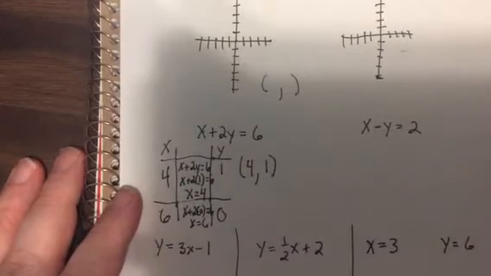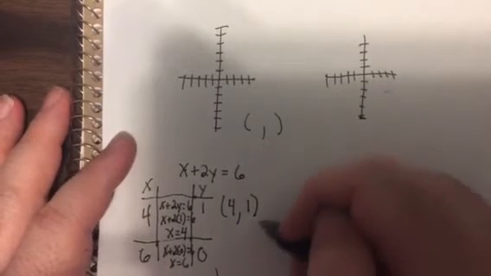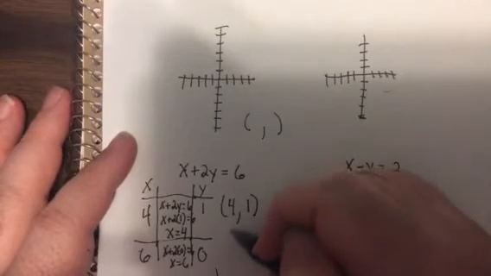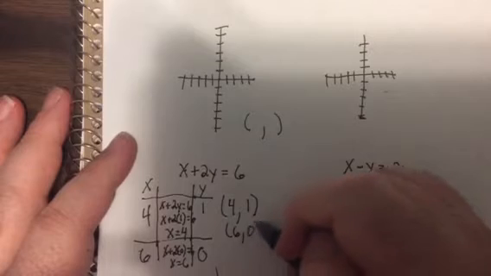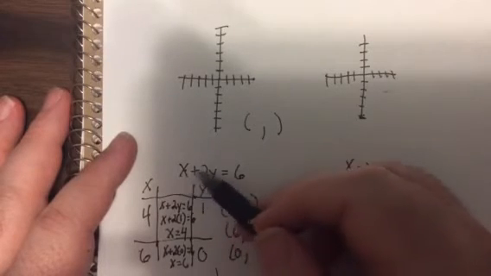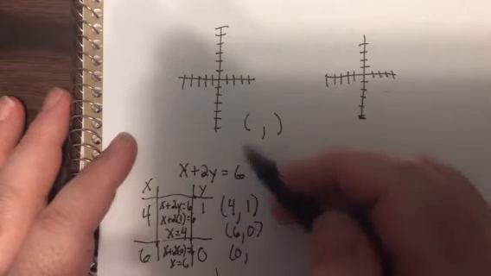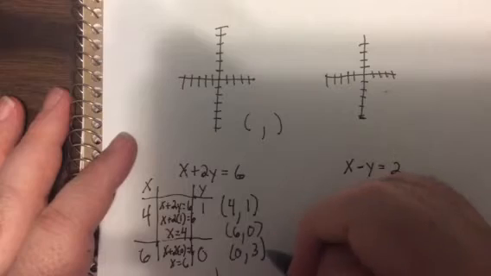Second ordered pair, (6, 0). Then let's do another one. Plug and chug. I ran out of room, so I'm just going to put this one down here. If I put 0 in for x, 0 plus 2y equals 6. 2y equals 6. Divide by 2, y equals 3.